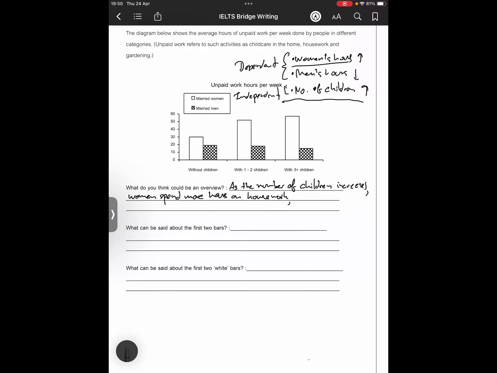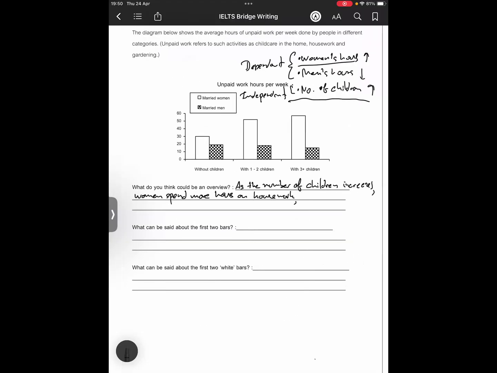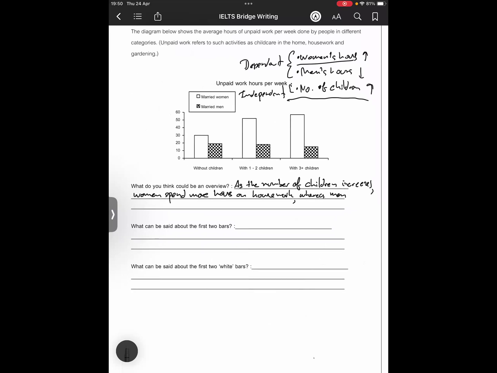Women spend more hours, whereas men spend less hours.